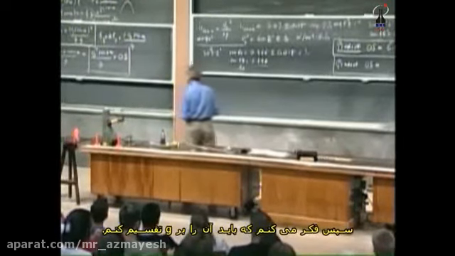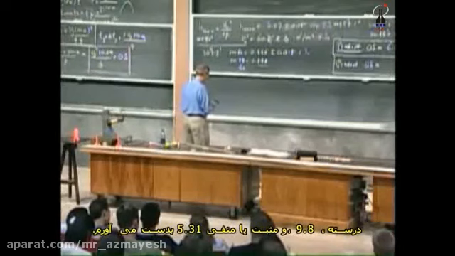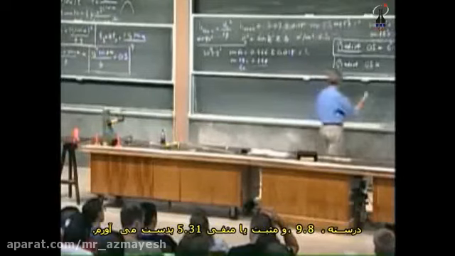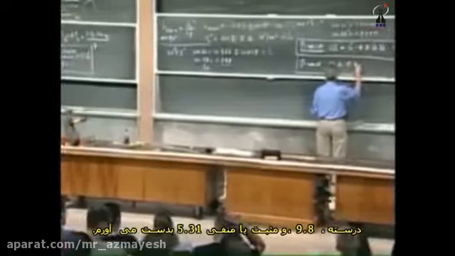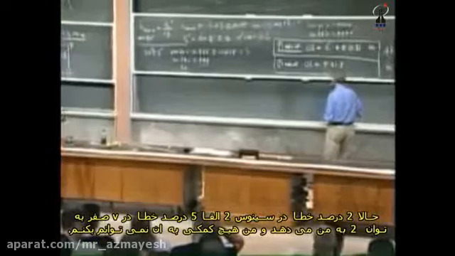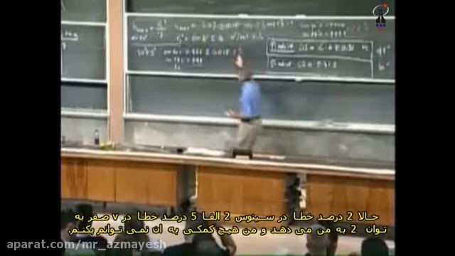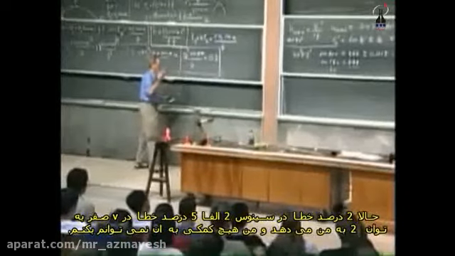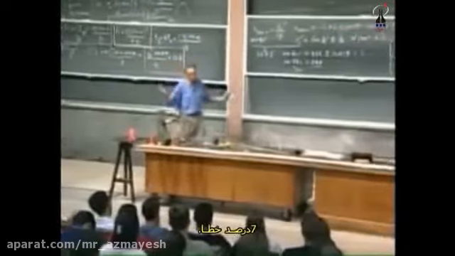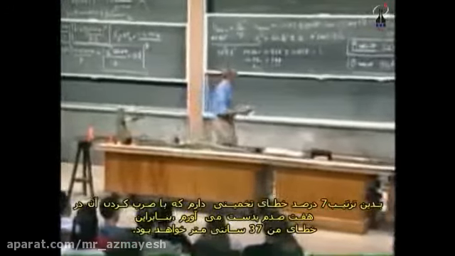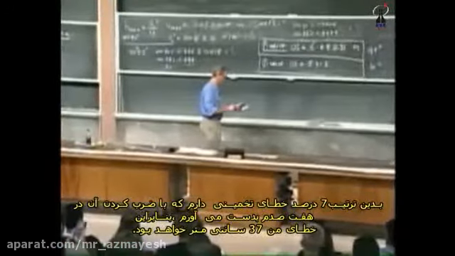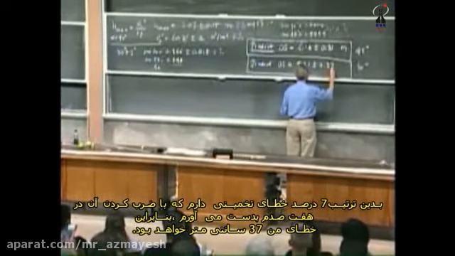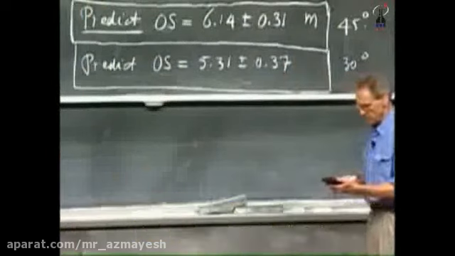And then I have to divide by g, 9.8. And I find 5.31 plus or minus. Now, 2% error in the sine of 2 alpha, 5% error in V0 squared. That gives me a 7% error. So I have a 7% uncertainty multiplied by 0.07. So I cannot trust this any better than 37 centimeters.